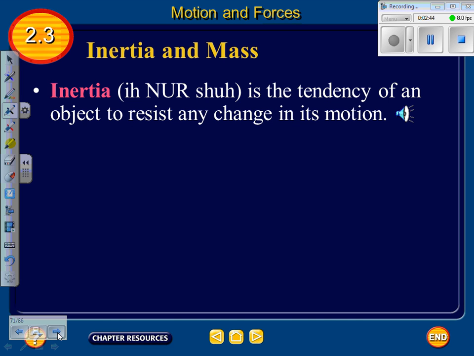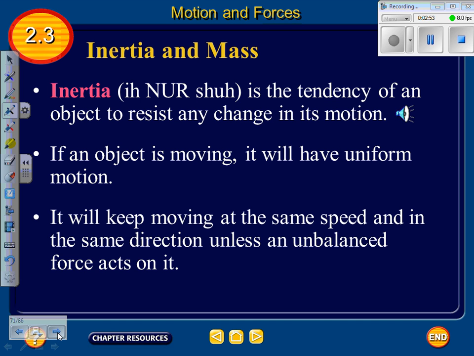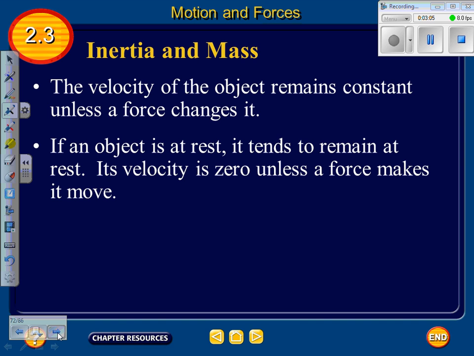Inertia is the tendency of an object to resist any change in its motion. If an object is moving, it'll have uniform motion. It'll keep moving at the same speed in the same direction unless an unbalanced force acts on it. The velocity of the object remains constant unless a force changes it.